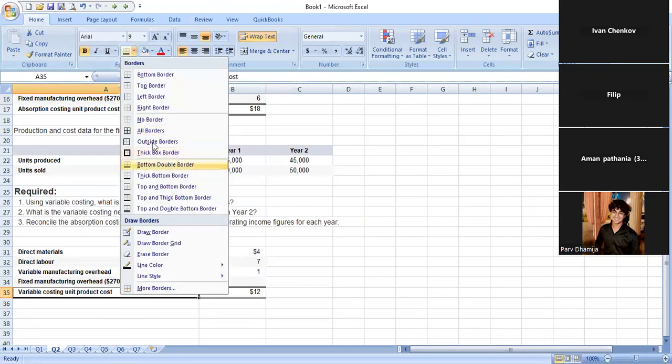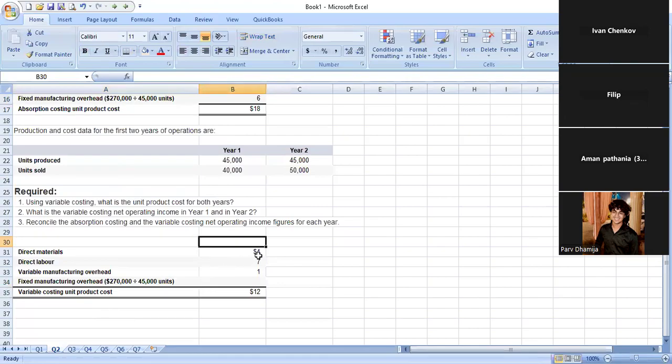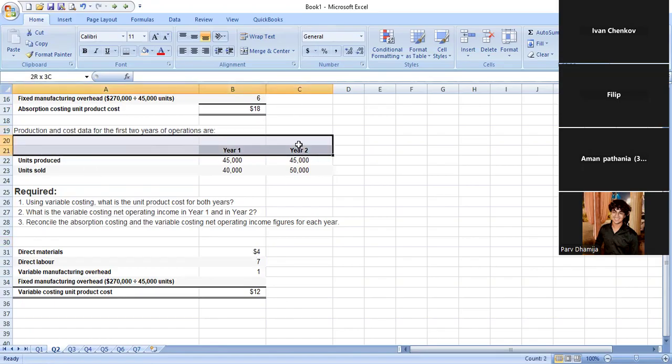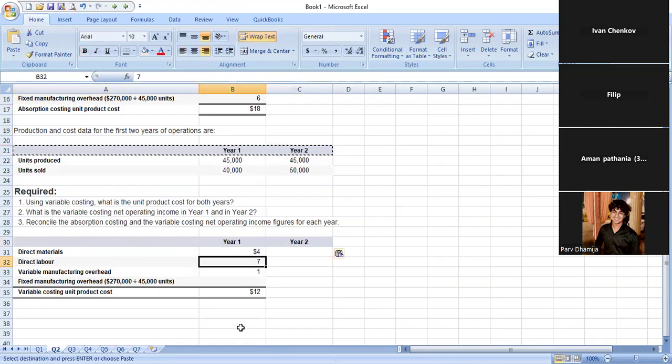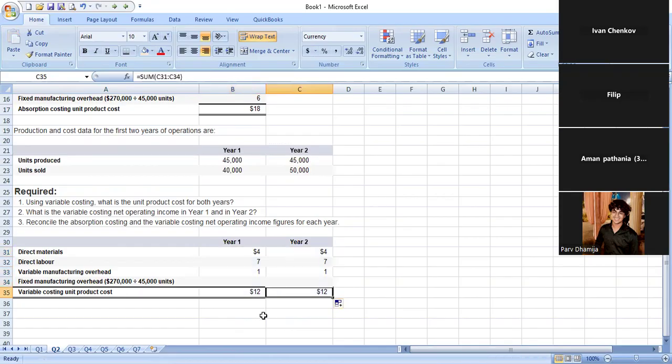So we got the variable cost in the first year. How much will be the variable cost in the second year? Because we have to do it in both years, correct? Hold on, think about it. We already did exercises in class.